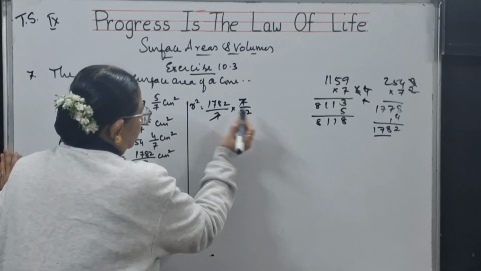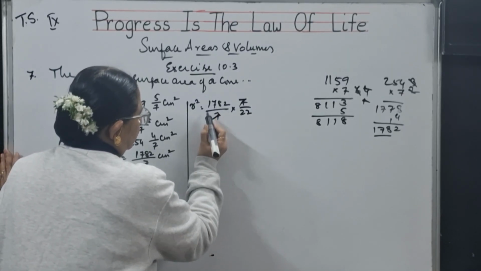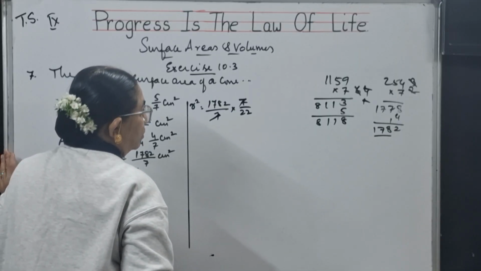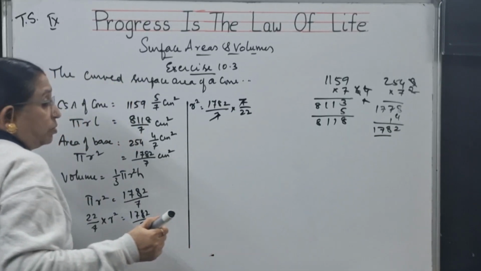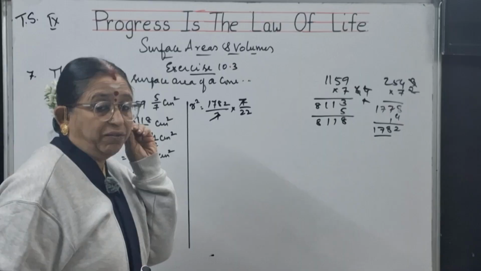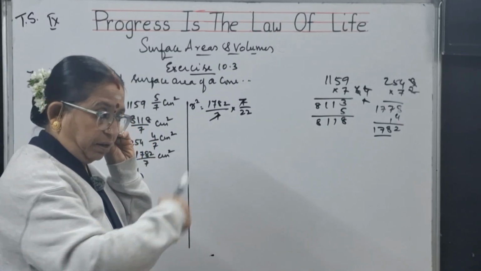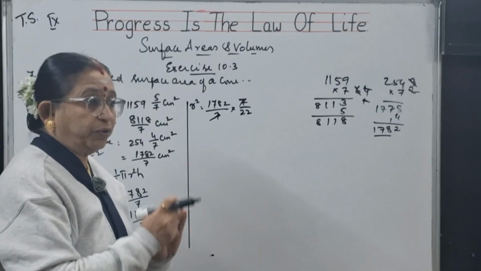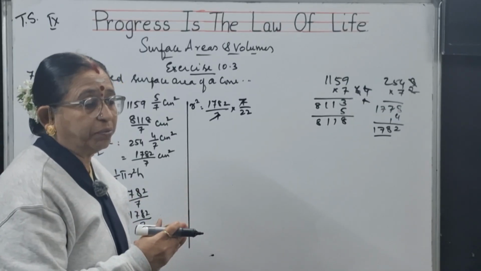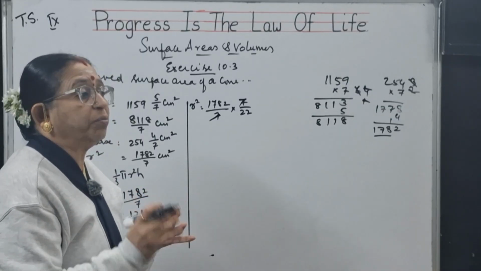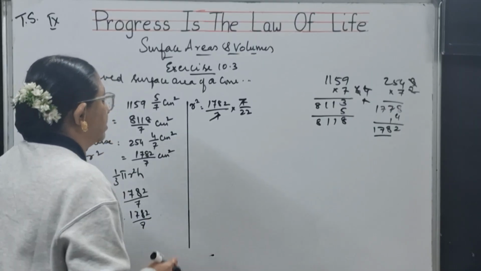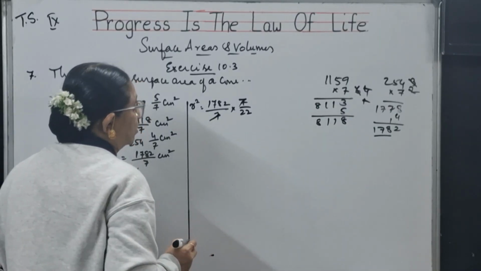See children, I think it goes by 11. 1 plus 8 is 9, 7 plus 2 is 9, and 9 minus 9 is 0. You know the divisibility property of 11: if you add alternate digits and the difference of those sums is 0 or a multiple of 11, then the number can be cancelled by 11.